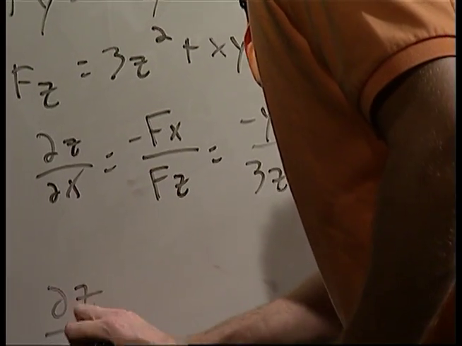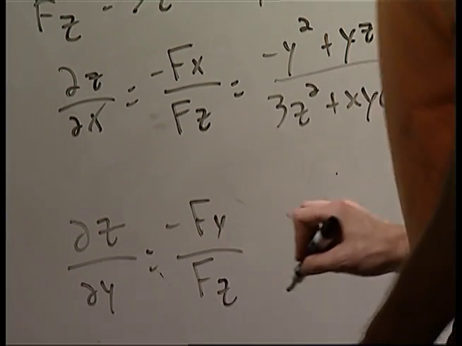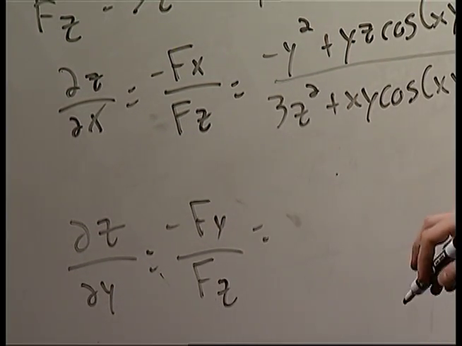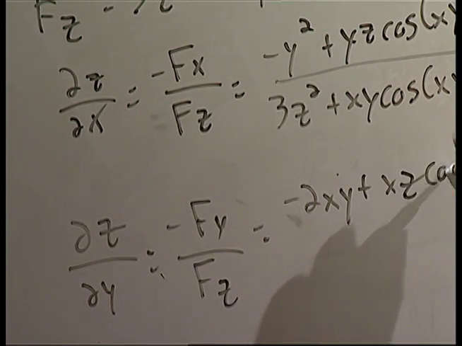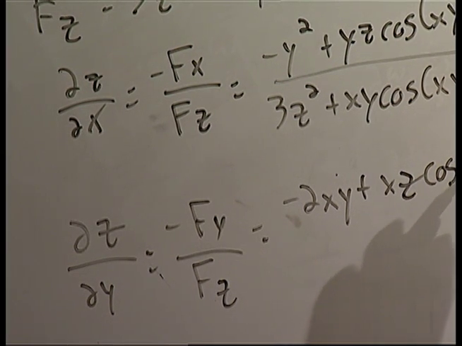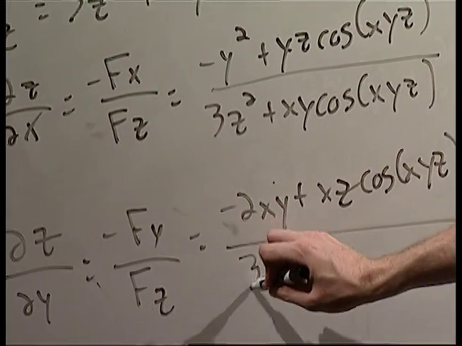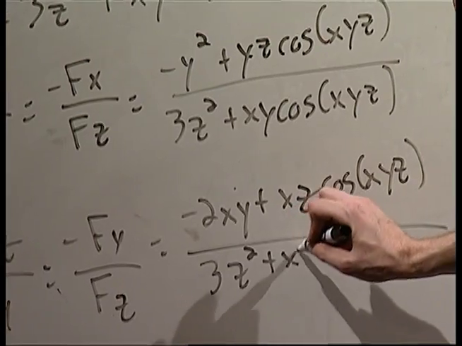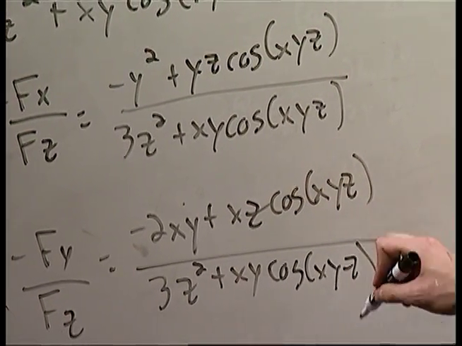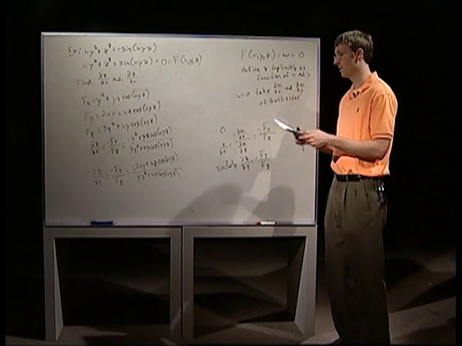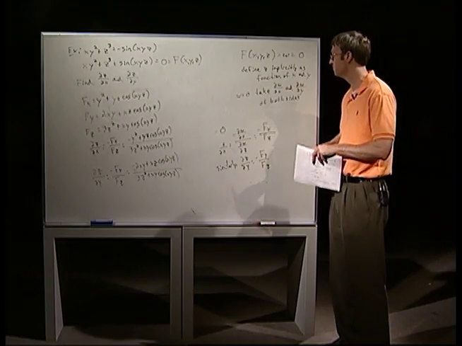Partial z partial y is minus fy over fz, negative 2xy plus xz cosine xyz, all over 3z squared plus xy cosine xyz. So there are your partials. So pretty straightforward. Okay, that's it.